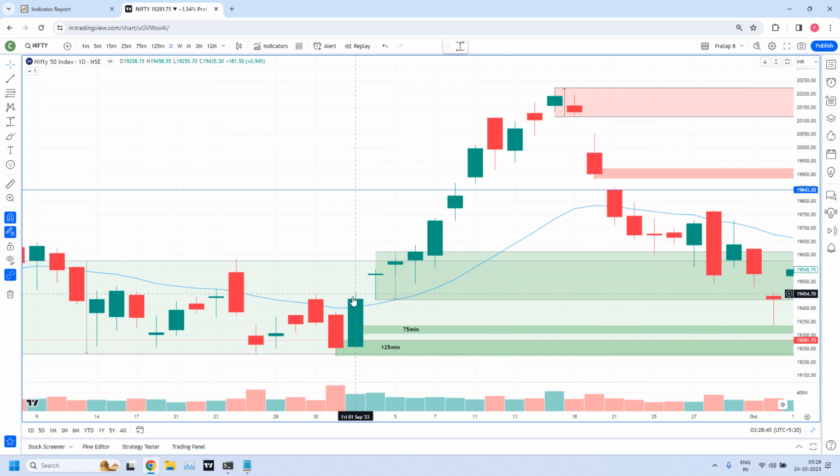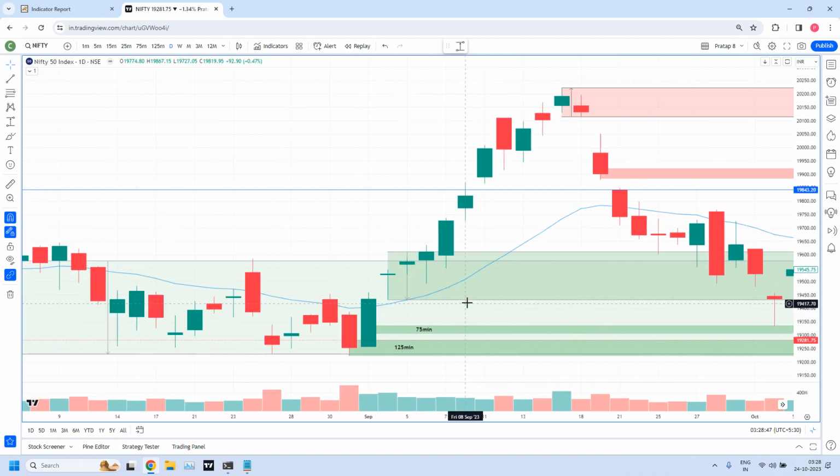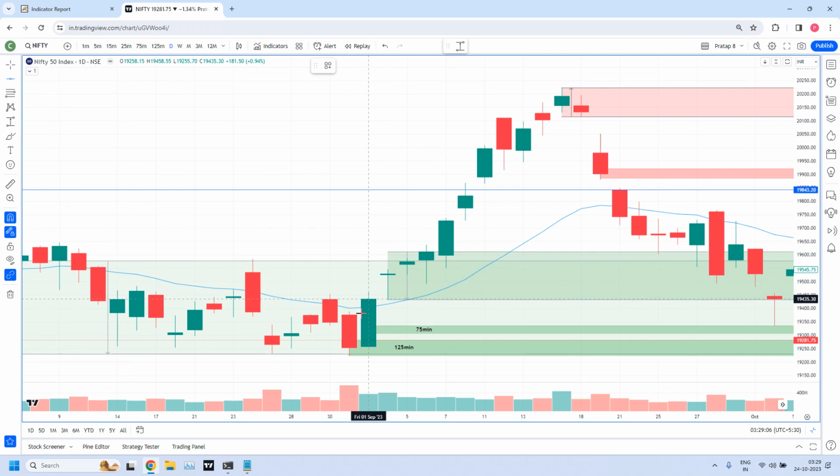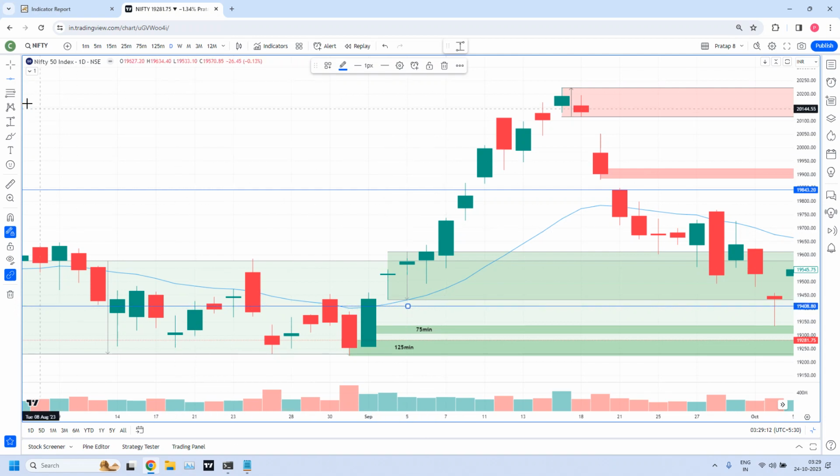What happens if you look at this leg out candle? Somewhere here there could have been huge resistance from the sellers. Let me draw a horizontal line for your better understanding. Say I have marked a line here. Look at this line.